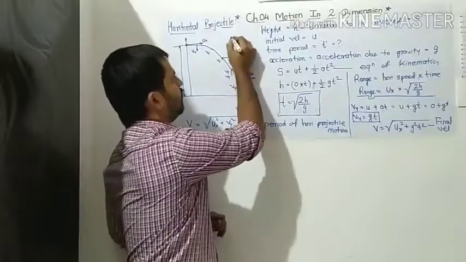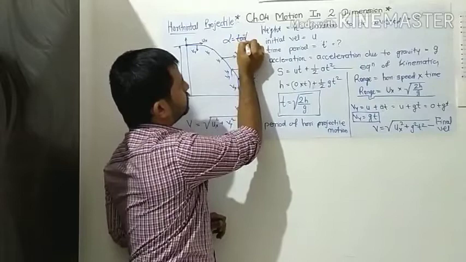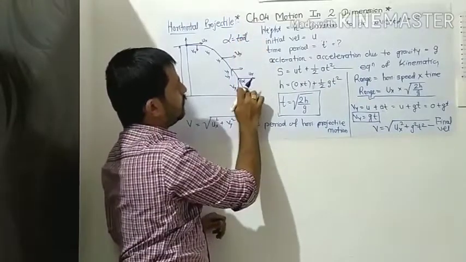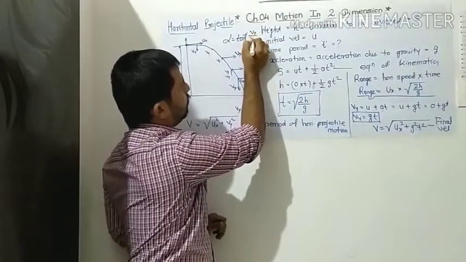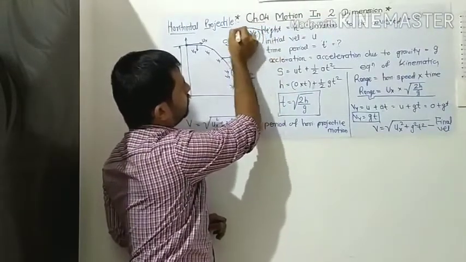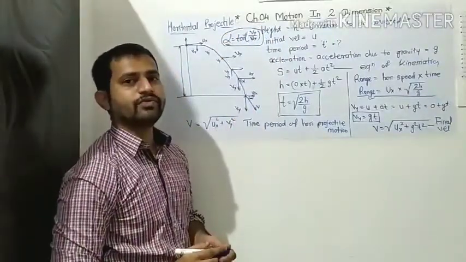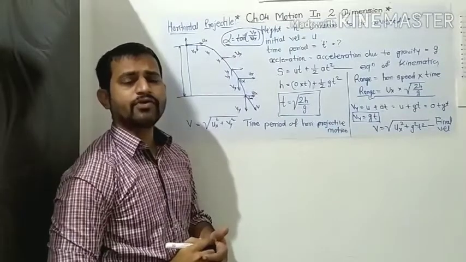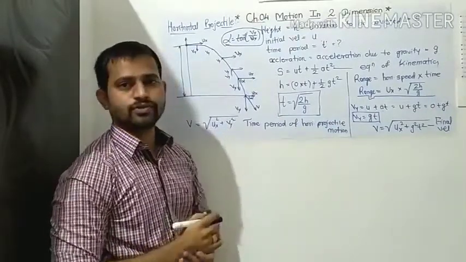So the direction alpha is equal to tan inverse of the opposite, that is vy upon ux. This value of tan inverse of vy upon ux will give us the direction, and accordingly we go for that horizontal projectile motion.